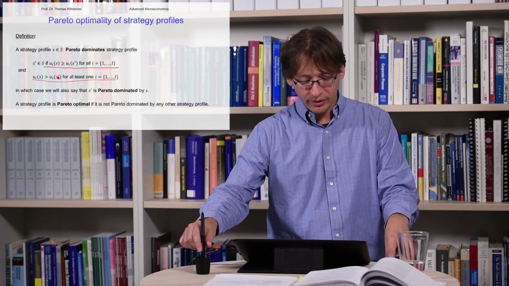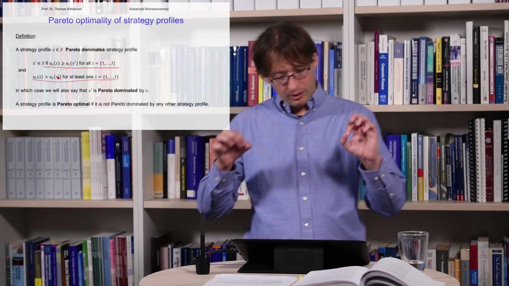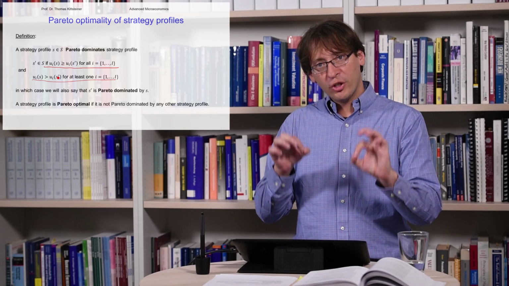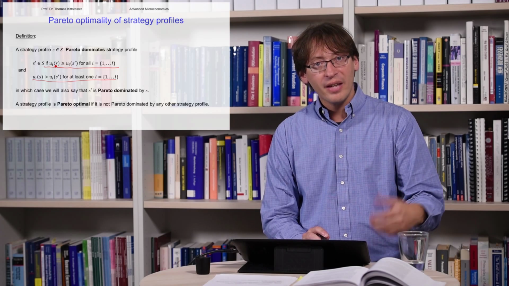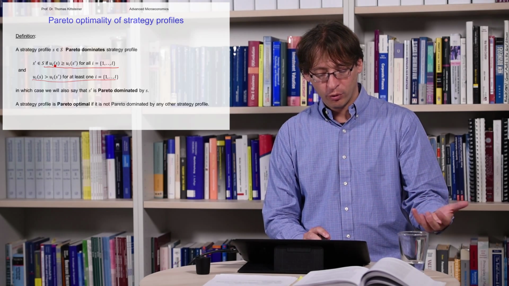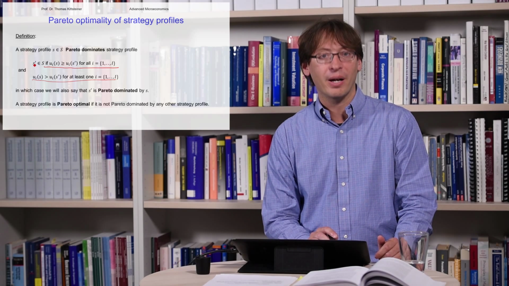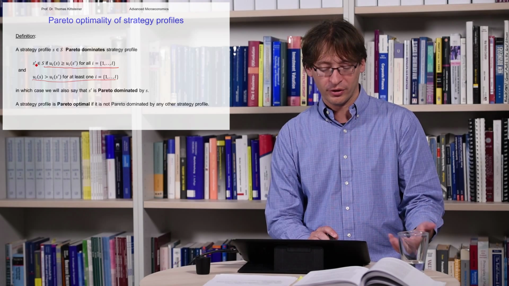Okay, so what does it mean? It means that the outcome originating from the strategy profile S is never worse than the outcome that originates if the strategy profile S prime is played. So S is never worse for all of the players than S prime.